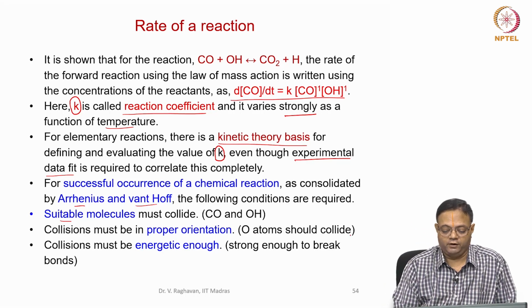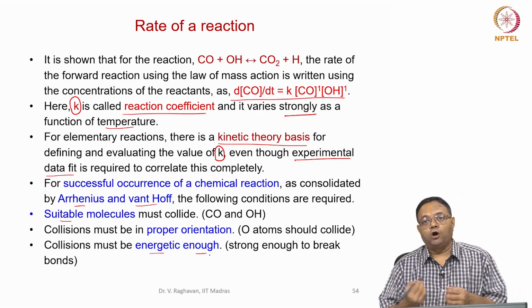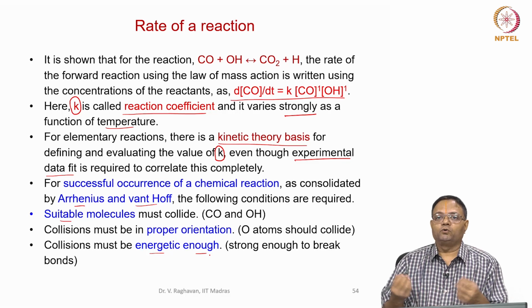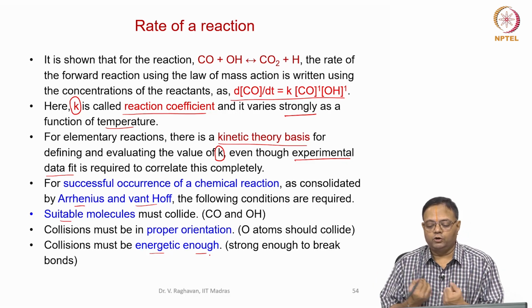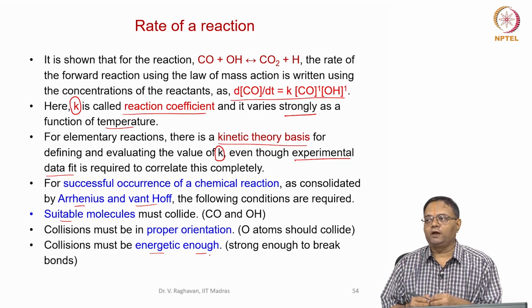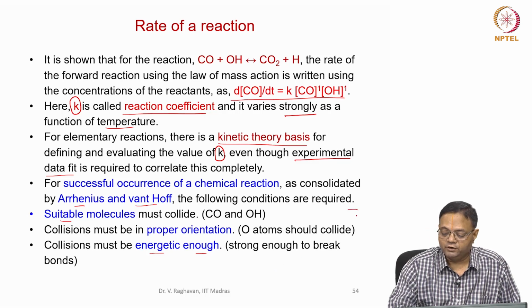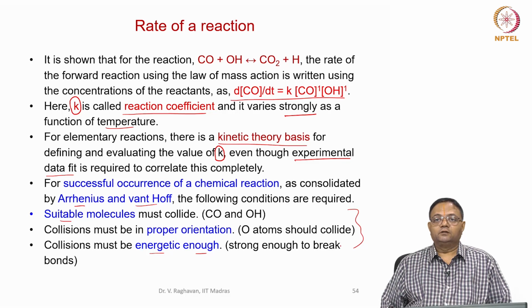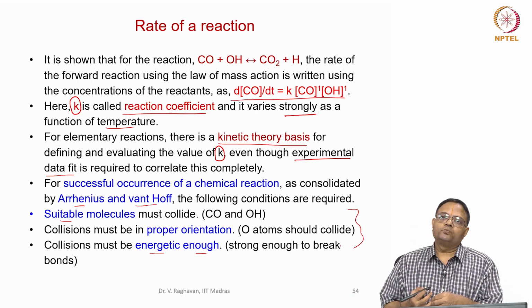The atoms should collide. Then they should collide strongly. If it is only weak collision, nothing will happen. Strong collision should take place. That means both these molecules should be energetic enough to collide and break the bonds. So these are the conditions. Then the formation of bonds will occur simultaneously.